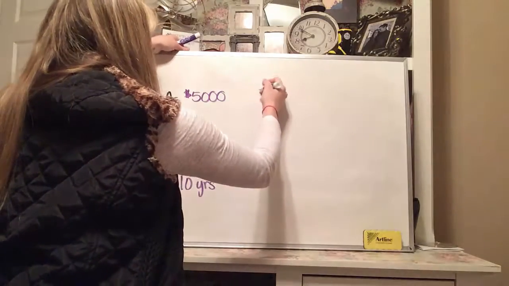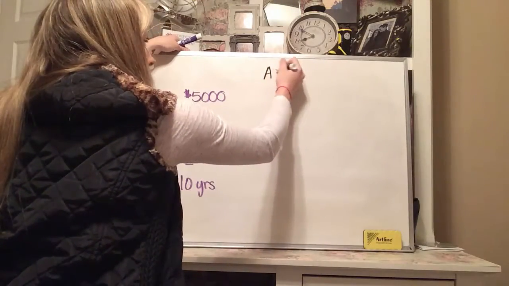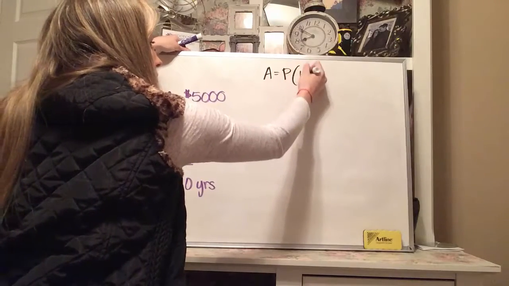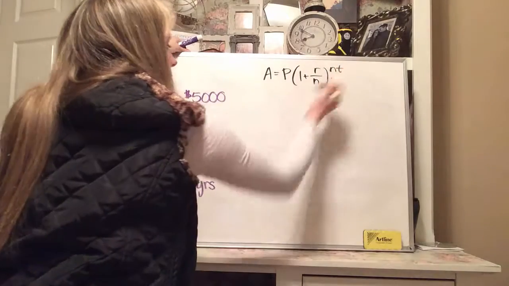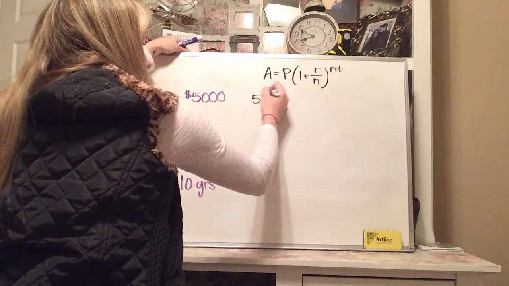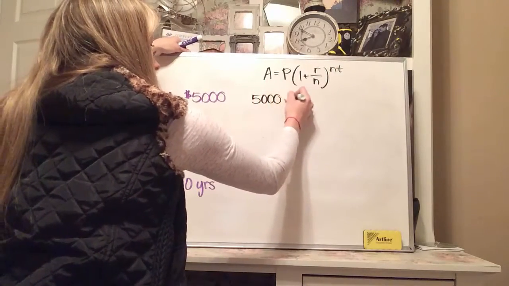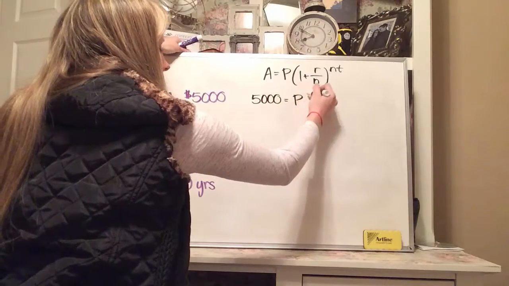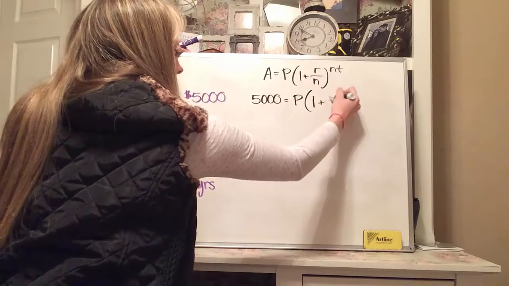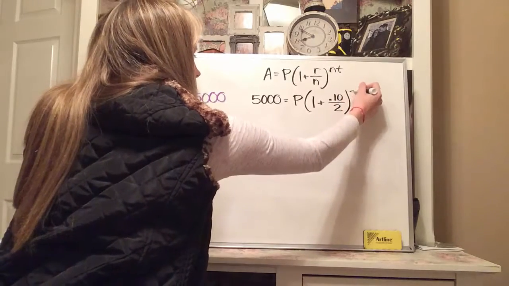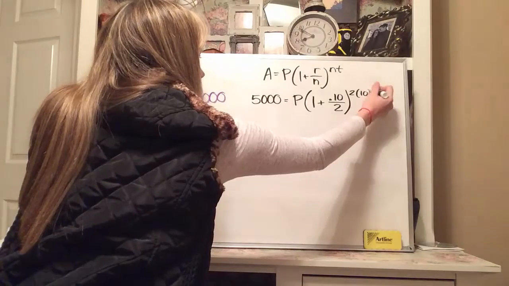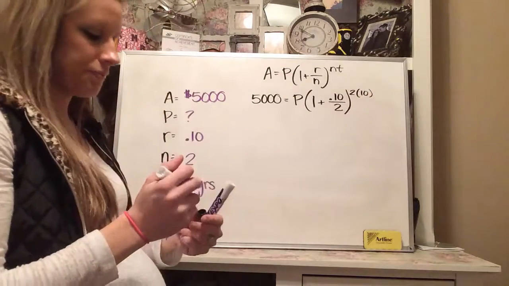Alright, so let's plug these numbers in. My formula is A equals P, 1 plus R over N, and all of that to the NT power. So I'm going to plug in my A. I don't know what P is. I'm going to plug in my rate, my N, and my T, which is 10 years this time.